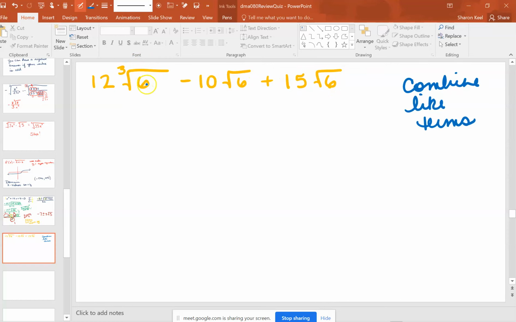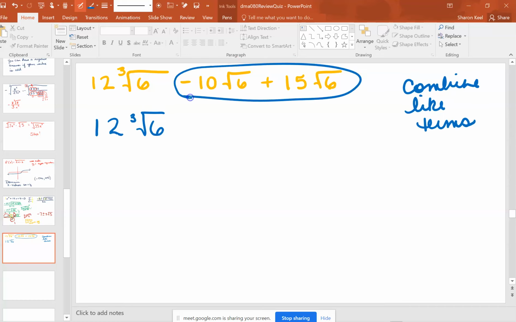All of them do have a 6 underneath, but only these 2 can be combined. So I'm just going to bring down the 12 cube root 6. There is no like term with that. These 2 are like, so negative 10 plus 15 is going to give me a positive 5 square root 6. And we cannot simplify the cubed root nor the square root of 6, so that is your final answer.